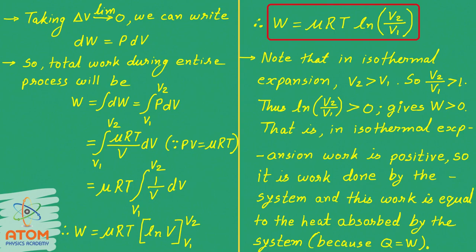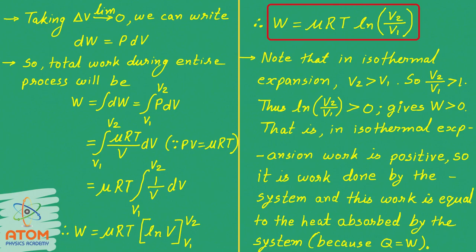As I said, when V2 upon V1 is greater than 1, then ln of V2 upon V1 will be positive, that means it will be greater than 0. Now this gives that W will be greater than 0, because ln of V2 upon V1 is greater than 0, that means W, the work, will be positive.